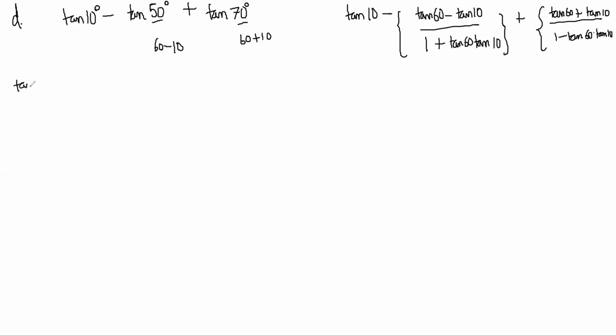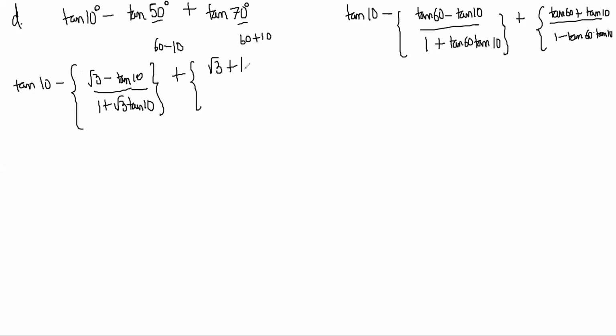So this is just tan 10 minus root 3 minus tan 10 by 1 plus root 3 tan 10, plus root 3 plus tan 10 by 1 minus root 3 tan 10, right?